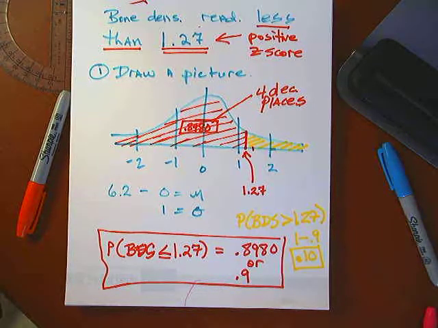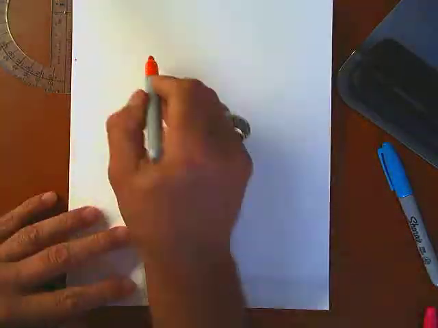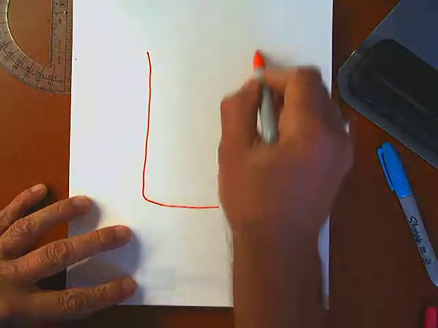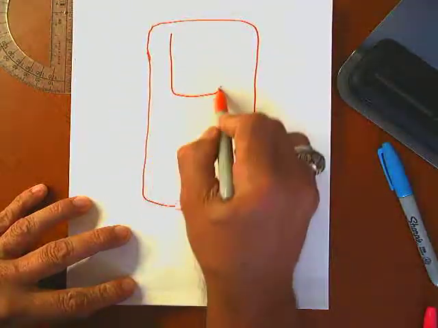You can go to your TI and pull up math, and under probability, I'm trying to find it. Okay, I've gone past it. There it is. It's on page 248.